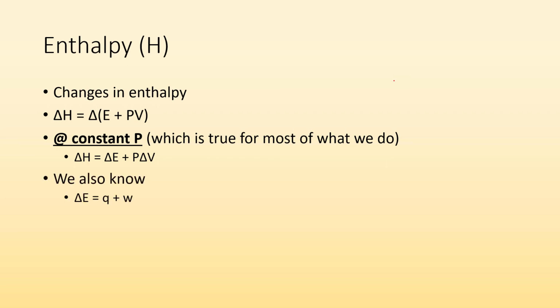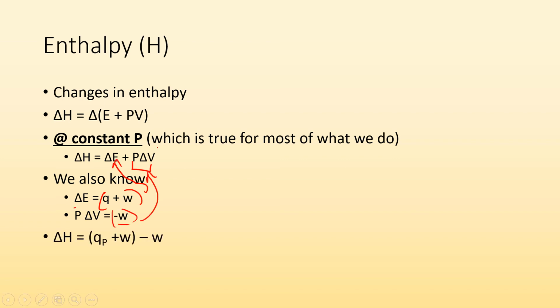We also know that delta E is equal to Q plus W. We also know that the pressure times the change in volume equals the negative work. So if we were to substitute these into this equation, what do we end up with?